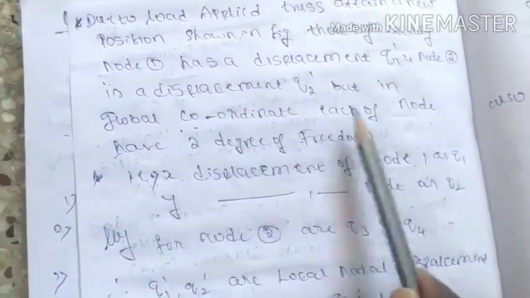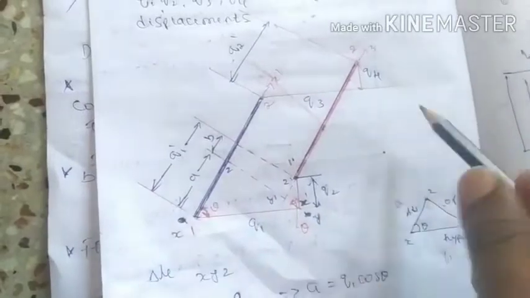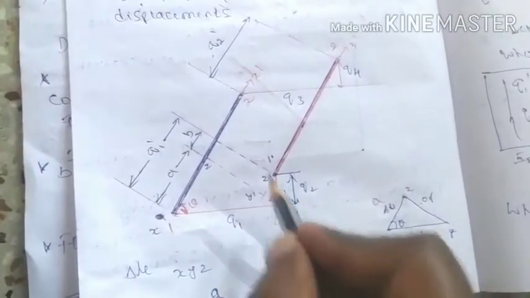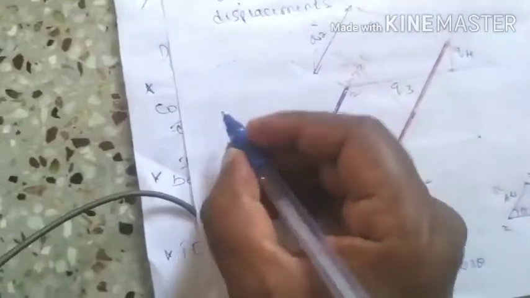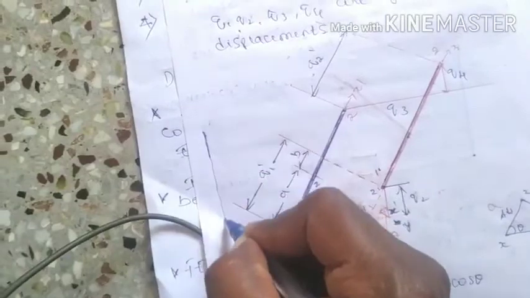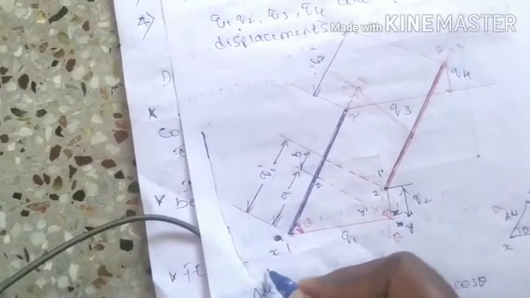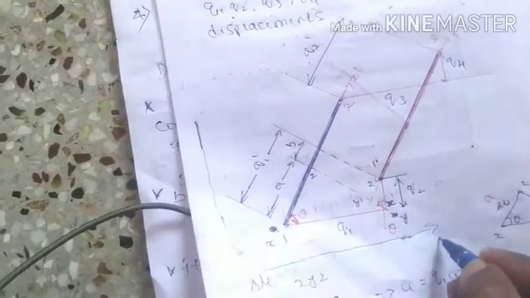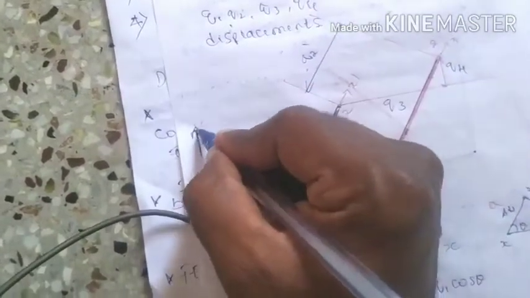But in the global coordinate system, each node has 2 degrees of freedom. Now with respect to the global, this is x, this is y.